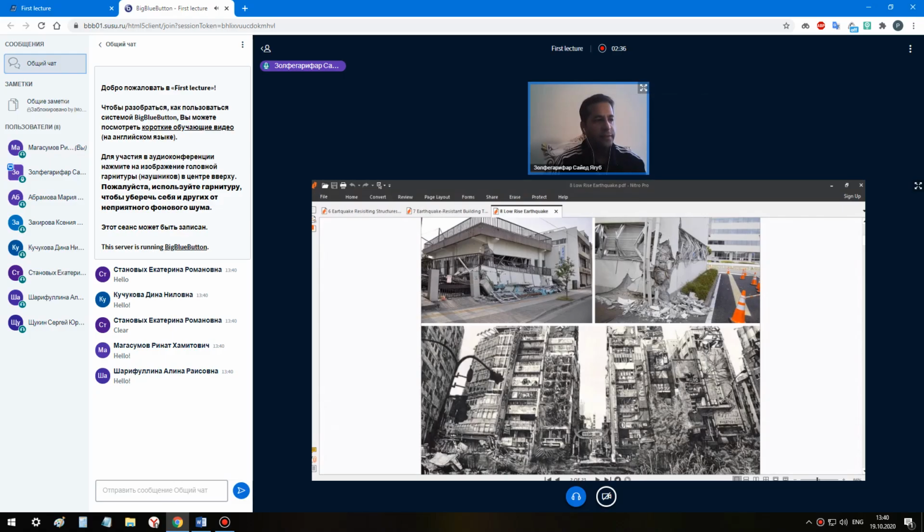In the last session, I talked about earthquake resistant design. According to what I stated, if a building is strong enough to resist the earthquake, then such a building is called an earthquake resistant structure.